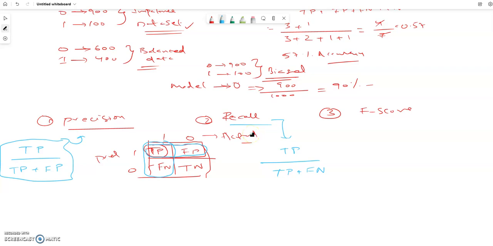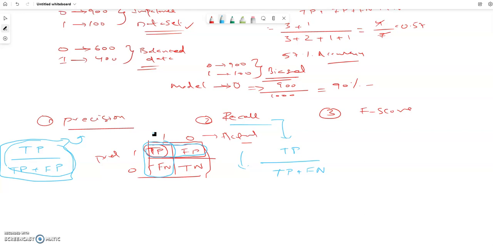What precision actually says is, from all the classes we have predicted as positive, how many are actually positive? So precision should be as high as possible here. Now in the recall case, from all positive classes, how many can we predict correctly?